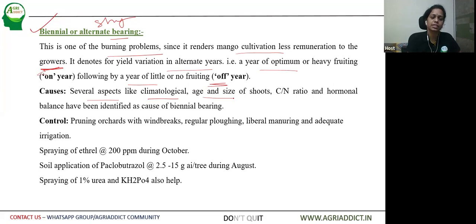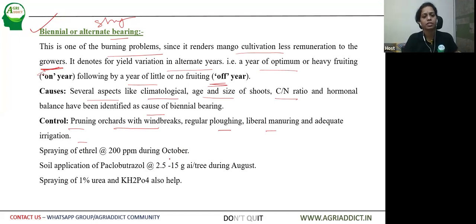The age and size of the roots, the ratio of carbon to nitrogen, and hormonal imbalance have been identified in the case of biennial bearing. For controlling, growers prune the orchard with winter breaks, regular ploughing, liberal manuring, all the post-cultural operations and adequate irrigation. This has to be taken care of to check biennial bearing.